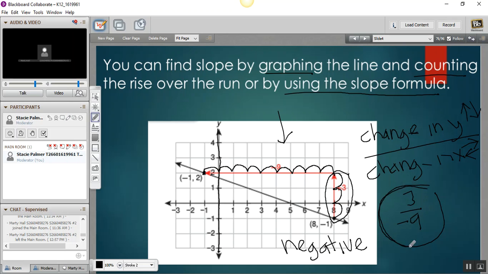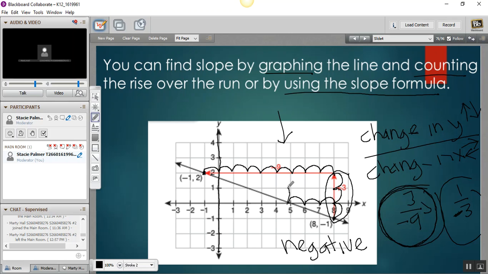Okay, a positive number divided by a negative number does give us a negative. And we can actually simplify this fraction. 3 goes into 3 once, 3 goes into 9, -3. And both of these answers are actually correct. Okay, because if we were to move from this point, so if we were to move up 1 to the left 3, do you see how we still land on the line?